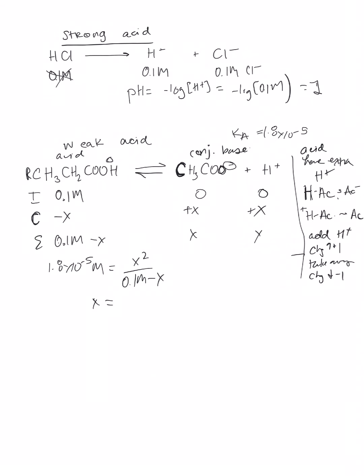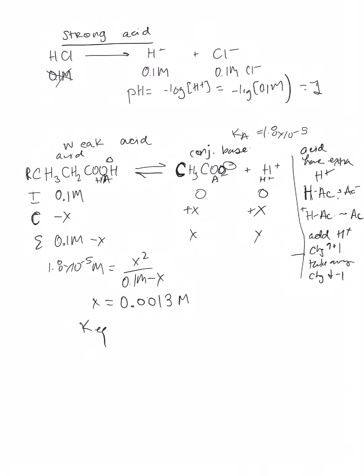We get a value of x equal to 0.0013 molar. What that tells us is at equilibrium, this is our HA, this is our A minus, and this is our H plus.